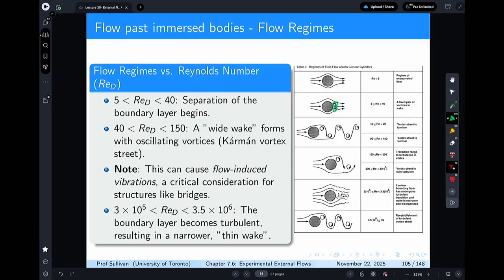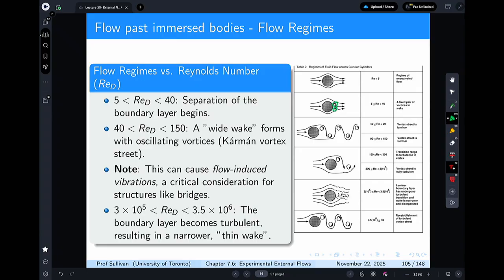From 40 to 150, you have a separation that occurs. And again, if you have a chance, there's a lot of work out there, and YouTube is really good for flow visualization downstream of cylinders and spheres. And there's also a lot of numerical work now, a lot of high performance computing that's been done to look at this.